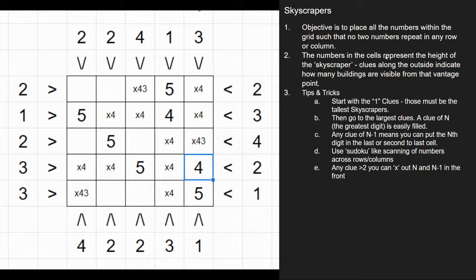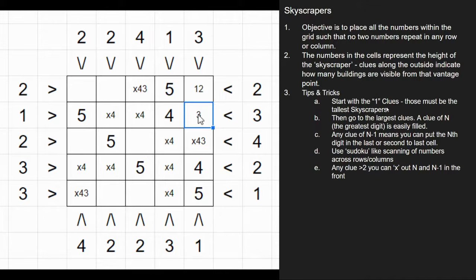Now if we look at this last column, I think the 3 is going to have to go in the front. The reason is if the 3 was anywhere else, let's say in the second cell, any building in front of it, a 1 or 2, is going to be seen, and then all of a sudden you're going to see 4 buildings.